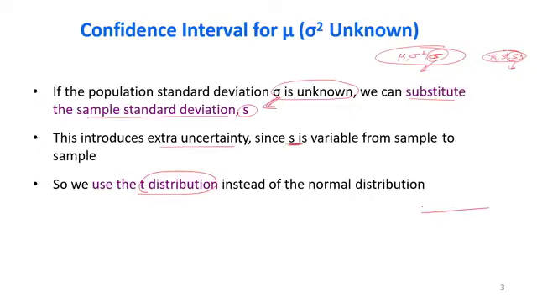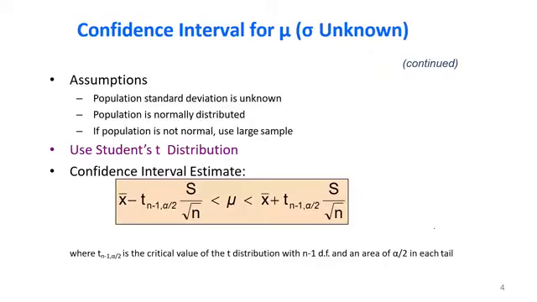The range of probability values would differ from the standard normal distribution. For example, if this is the Z distribution and this is the T distribution, the 95% confidence interval in the Z distribution would be narrower, while in the T distribution it would be wider. That is the difference in these two distributions.